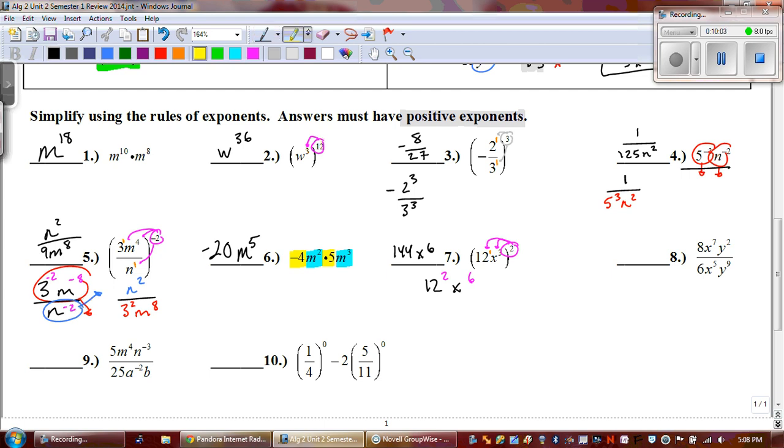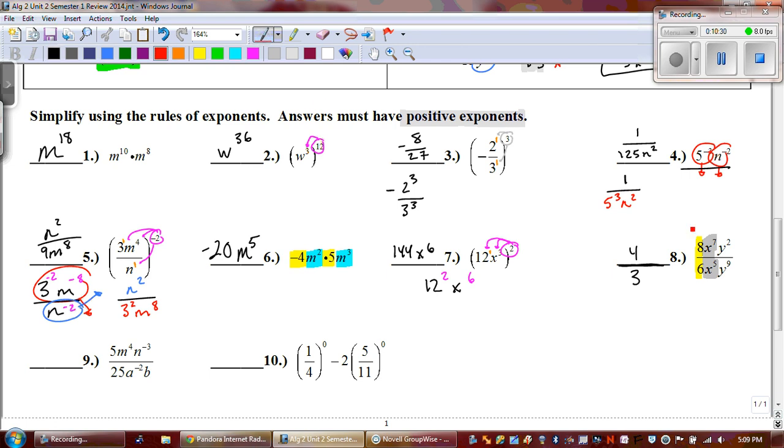Now, number 8, we got a lot of things going on here. Let's take a look first at our numbers 8 and 6. Can we reduce those numbers? Yeah, you can reduce them both by 2, and we're left with 4 on the top and 3 on the bottom. Now I'm only looking at my x's.